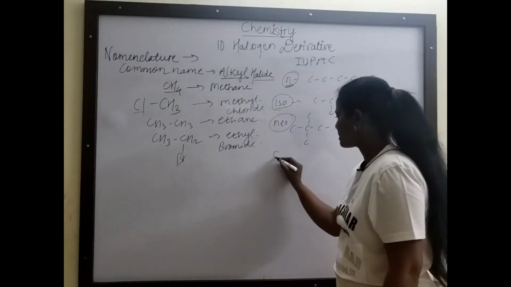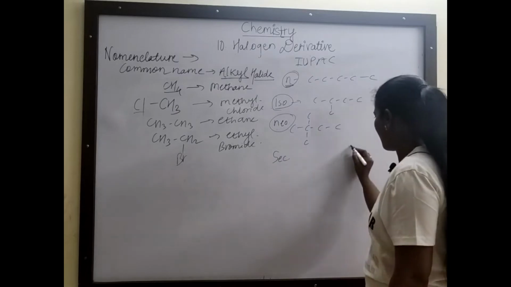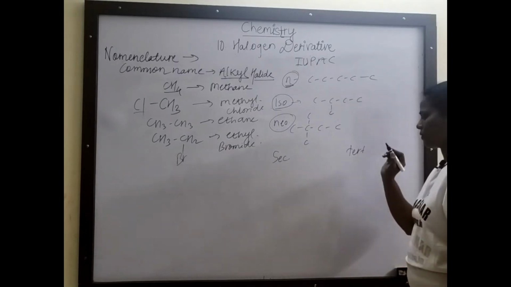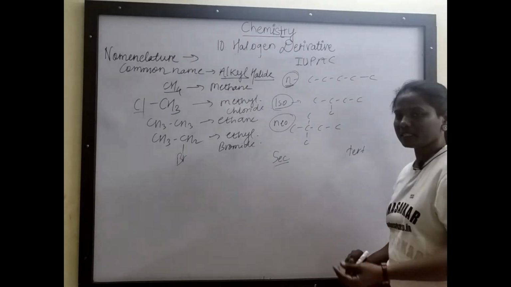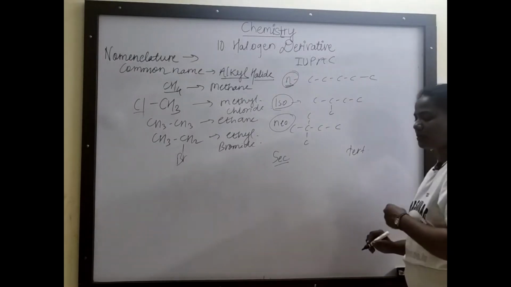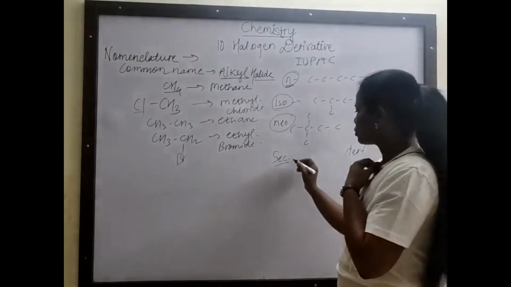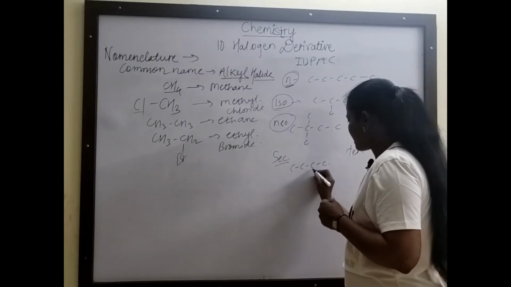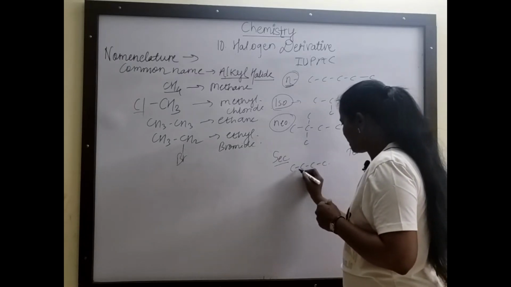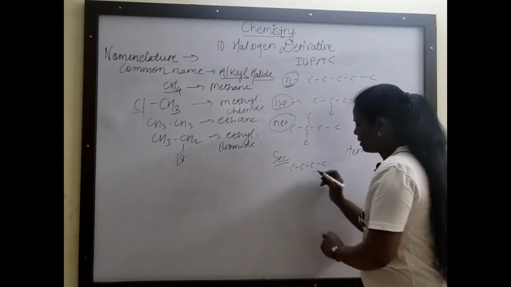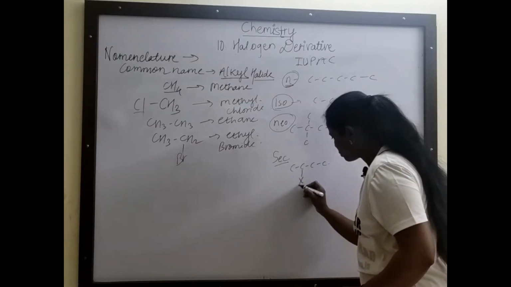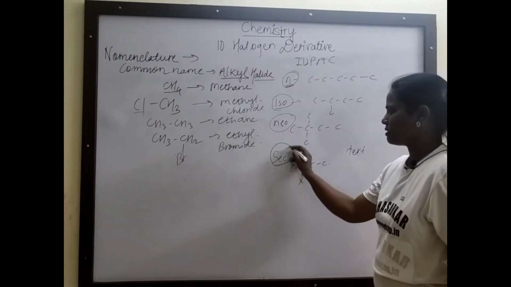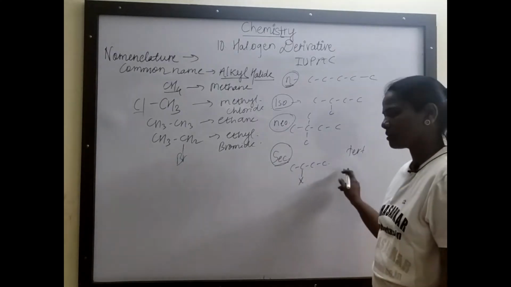Now one more is there, that is secondary and tertiary. Secondary is represented by sec and tertiary is represented by tert. To show a secondary carbon atom, this carbon atom is directly attached to the halogen atom, and it is named as secondary, whatever the number of carbon atoms.